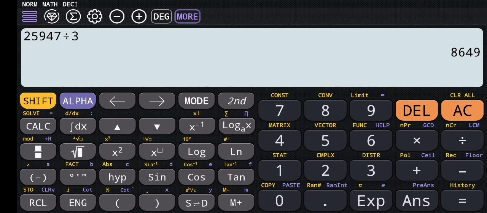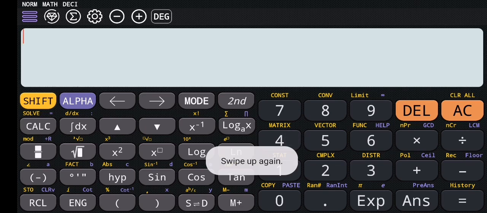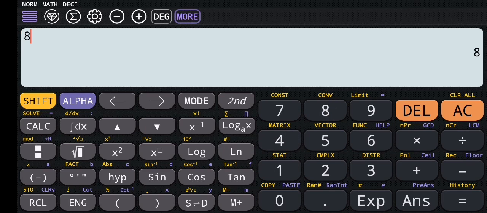What you do here, this is another trick that I'm going to show you guys, is you press the shift function, shift and factorize. It's going to factorize it for you. The number was 8,649. Shift and factorize. There it is.